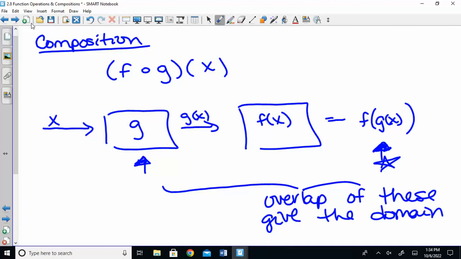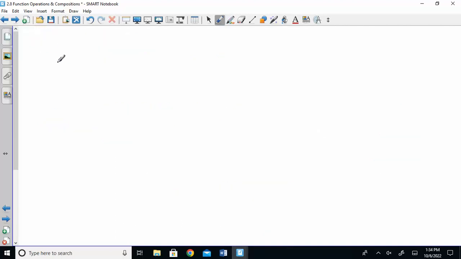So let's say I told you f of x is 1 over x, and g of x is 1 over x minus 2.